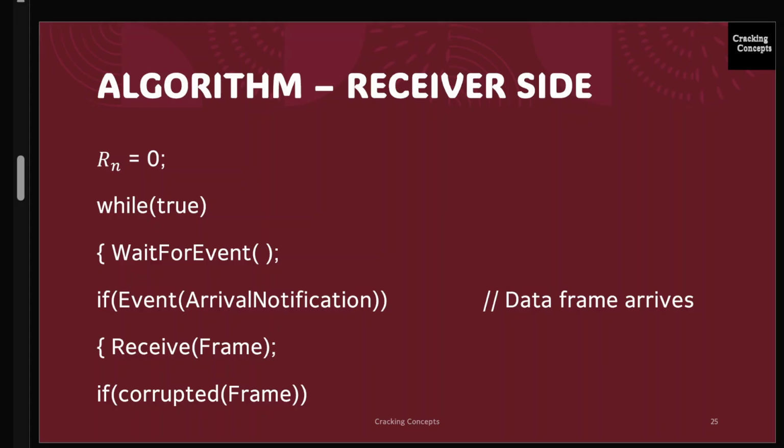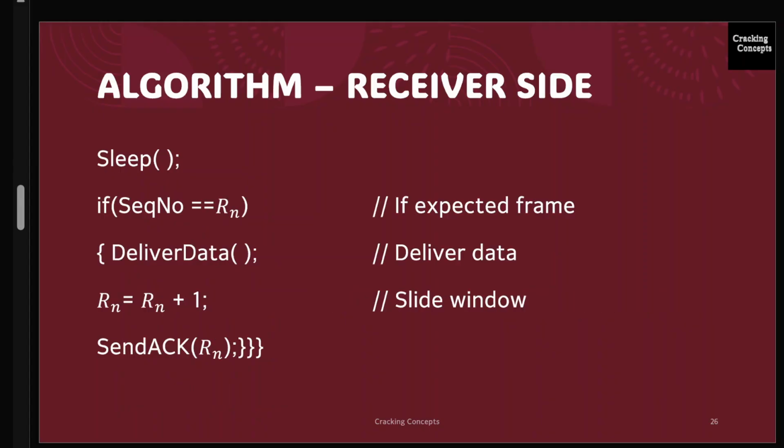Now looking at the algorithm at the receiver side, there is only one variable, Rn, which is equal to 0. While the loop is true, it will wait for an event. If the event is an arrival notification, it will receive the frame and check it. If it is corrupted, it will go to a sleep state, and a retransmission will happen from the sender side.